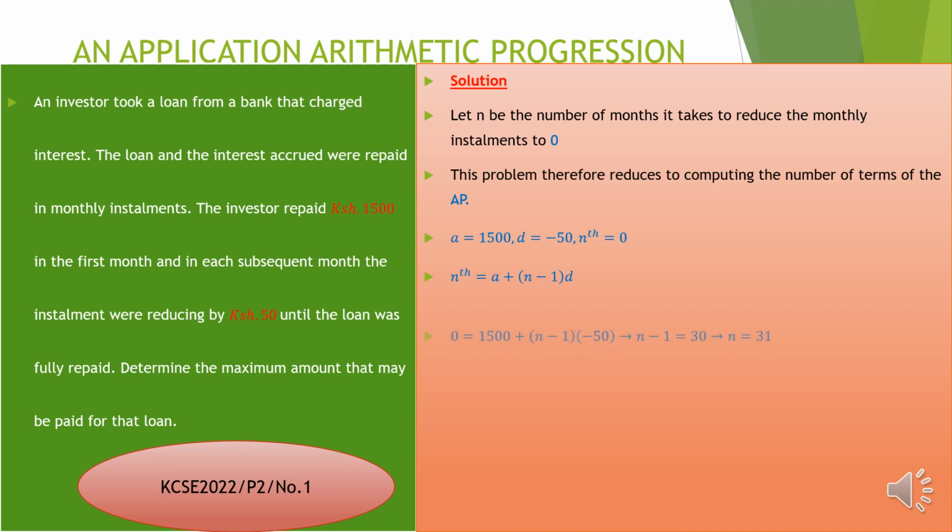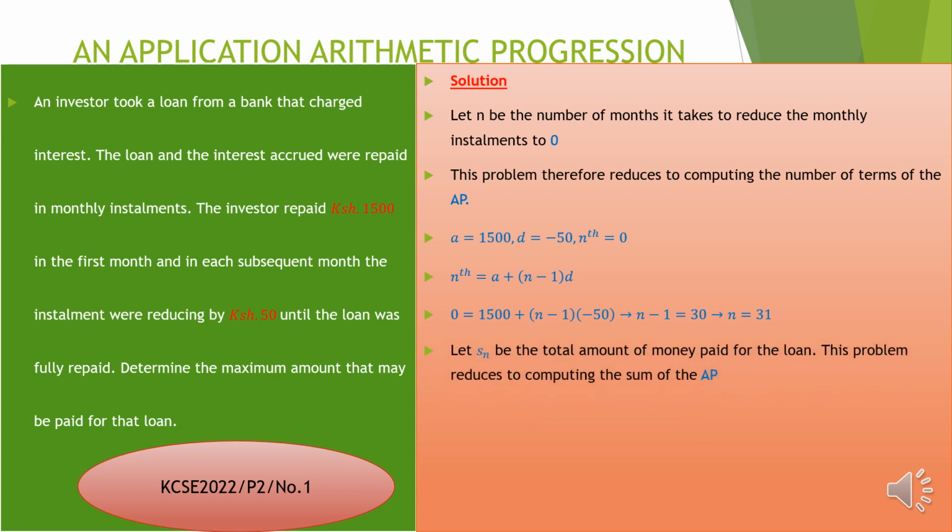Then we substitute the values: the nth term is 0, a is 1,500, n is what you are looking for, and d is negative 50. By taking this 1,500 to the other side and dividing by negative 50, we get that n minus 1 equals 30, which implies that n equals 31.